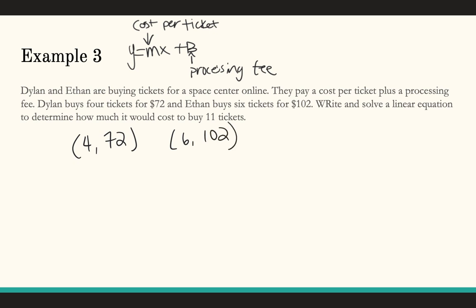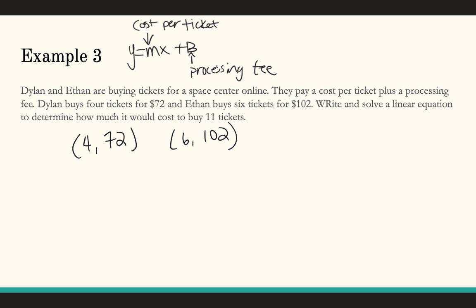So because we're talking about the cost per ticket, the m being the number of tickets, that's the x value, okay? Then we have our y value, that's the total cost that they paid. So we're going to write and solve a linear equation to determine how much it would cost to buy 11 tickets. So they don't tell you how much it costs for one individual ticket or what the processing fee is.